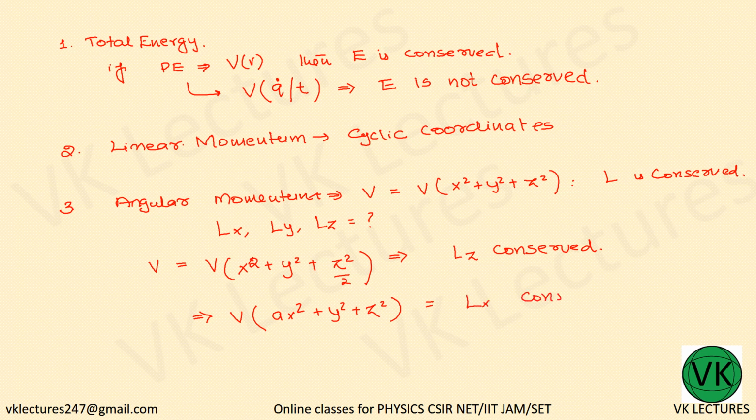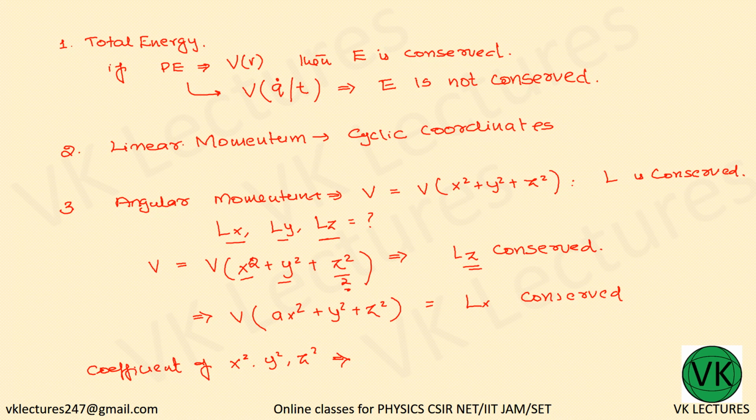Now observing these two potentials, the coefficient of x square or y square or z square determines which of Lx, Ly or Lz is conserved. Now in x square plus y square plus z square by 2, this z square by 2 has a different coefficient, so Lz is conserved.